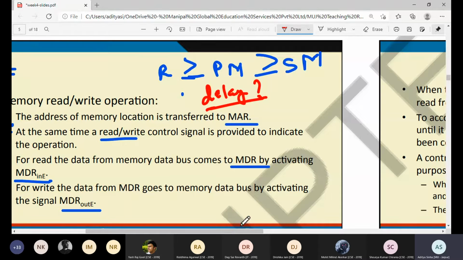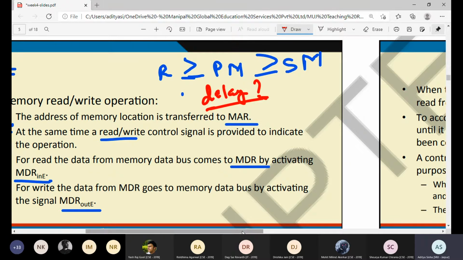The speed at which we access the data from these locations has a specific delay to it. So should we also include that delay in the implementation of our logic? Does it make sense?